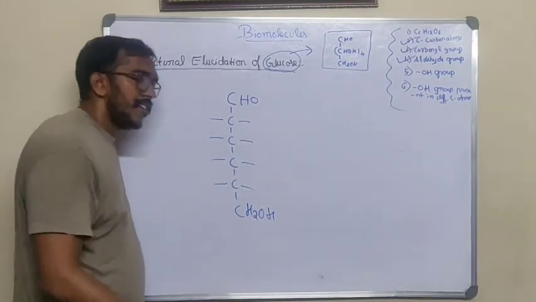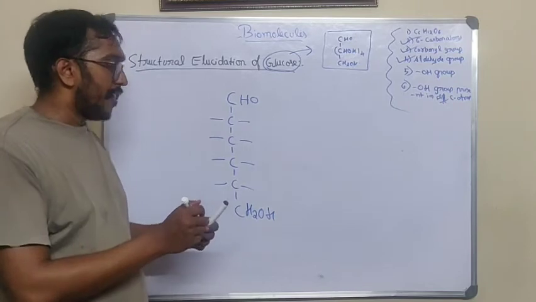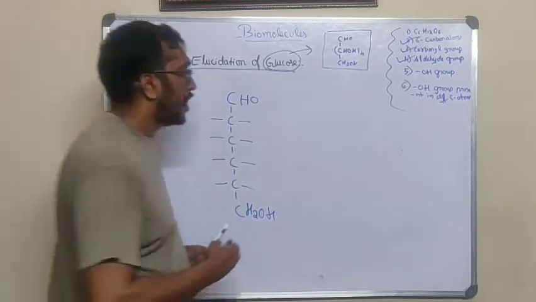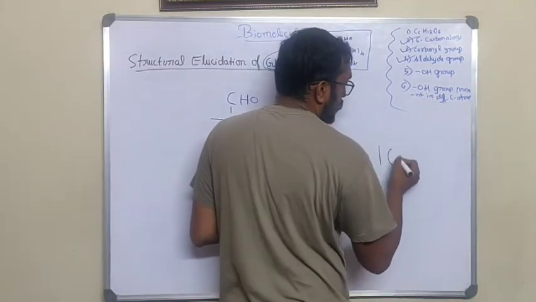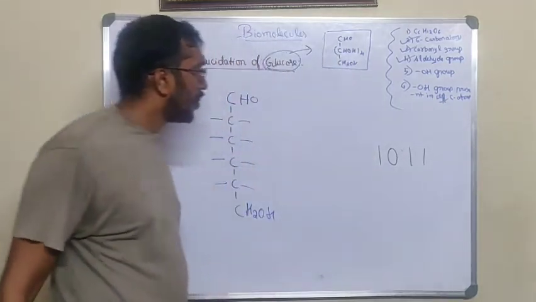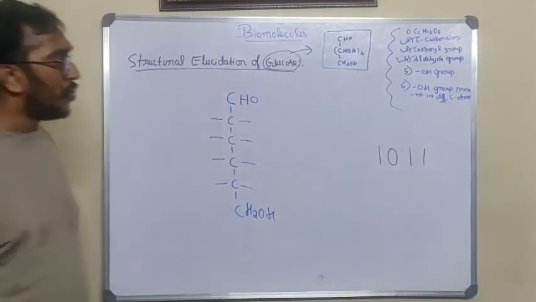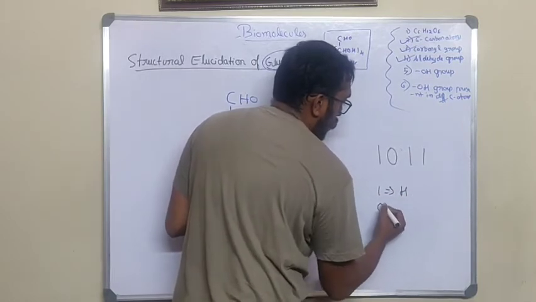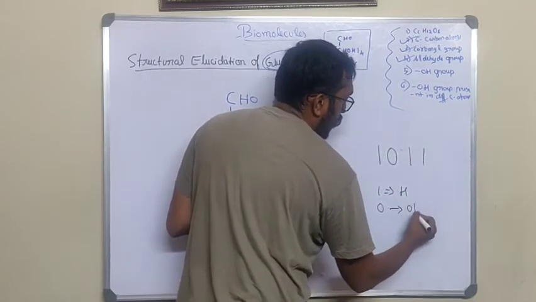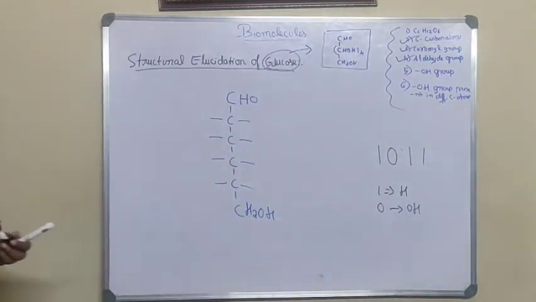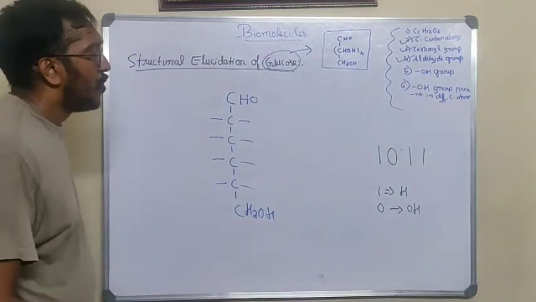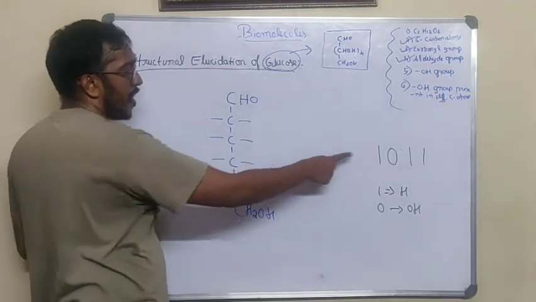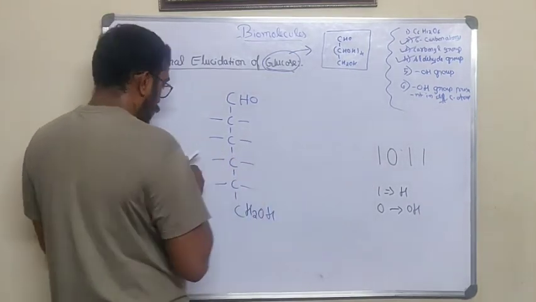Very simple here. Just learn a simple trick for the glucose formula: 1011. What is that? 1 indicates hydrogen, 0 indicates OH group. So what is the formula now for the glucose? 1011.